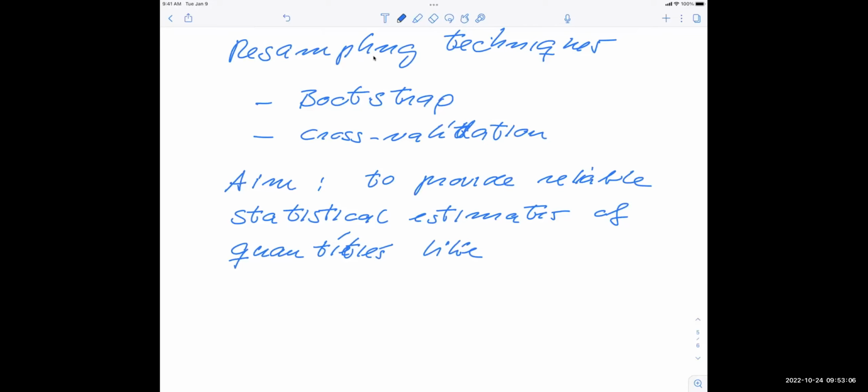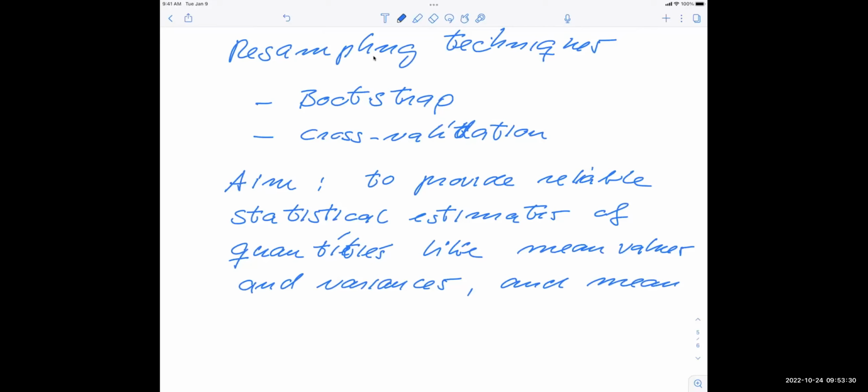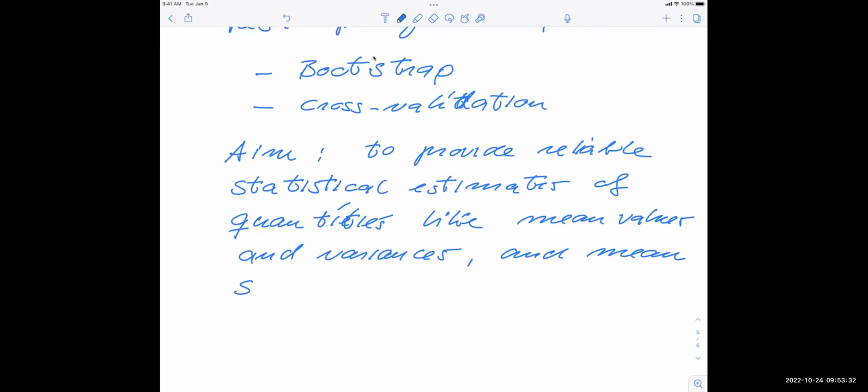Like if we are looking at the parameters beta, we want to estimate the variance of these parameters in a reliable way, like mean values, and variances, and mean squared errors if we are doing a regression problem. So these are just examples of statistical quantities.